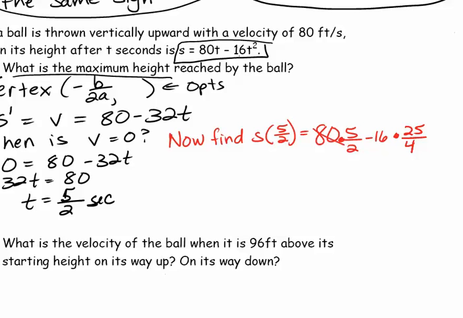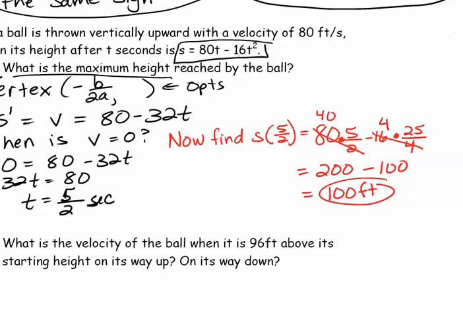This is not meant to be difficult. If this was in a non-calculator section, you could still do this. 40 times 5 is 200, minus 4 times 25 is 100. So it looks like we are at a maximum height of 100 feet at 2.5 seconds.